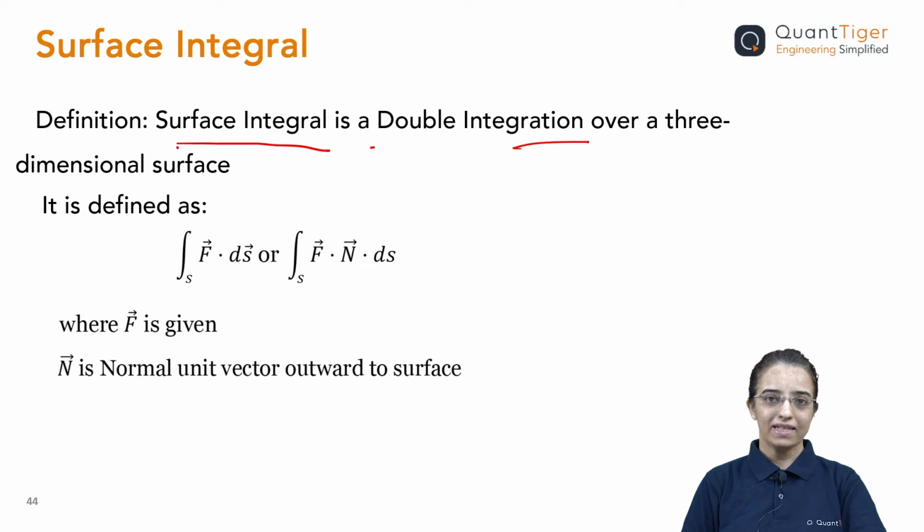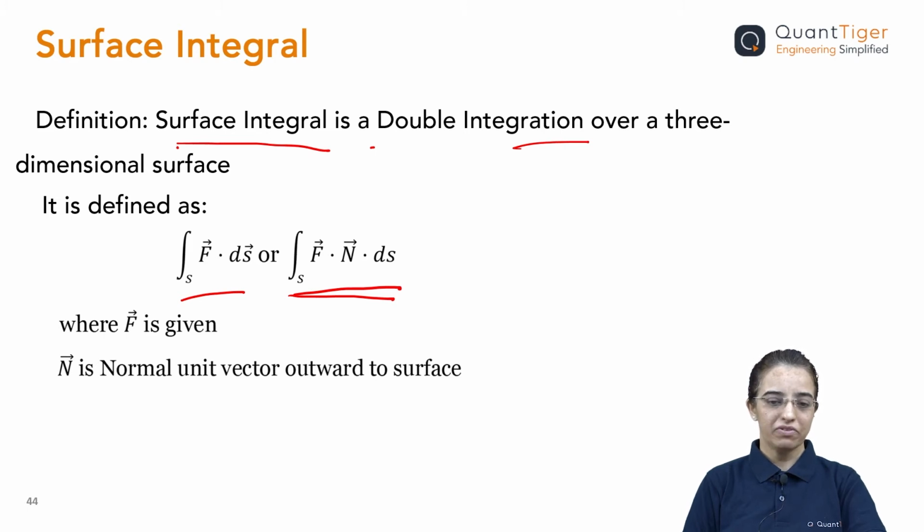So how will we calculate it, what is the formula? It is the integral of F into dS, and in other words we can write the integration over the surface of F vector dot n vector dS. What is n vector, what is dS, that we will learn in detail. Right now you just focus on the formula. So F vector is given, n vector is a normal unit vector, and dS is a small part of a given surface, an infinitesimal small part.